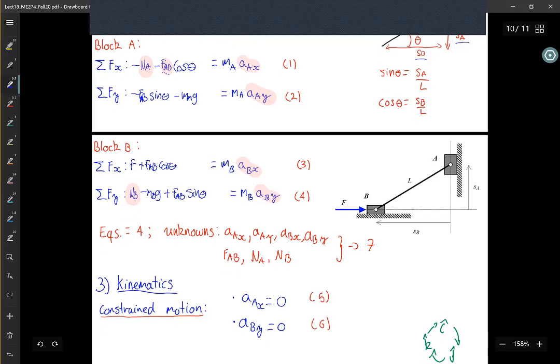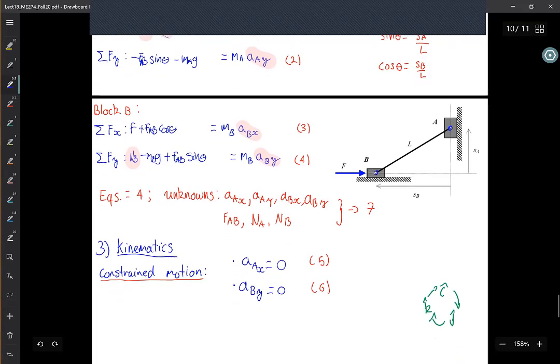Where do we get our 7th equation from? We have this other constraint. The bar imposes a constraint. The length of the bar doesn't change, which means that L squared equals S_A squared plus S_B squared.